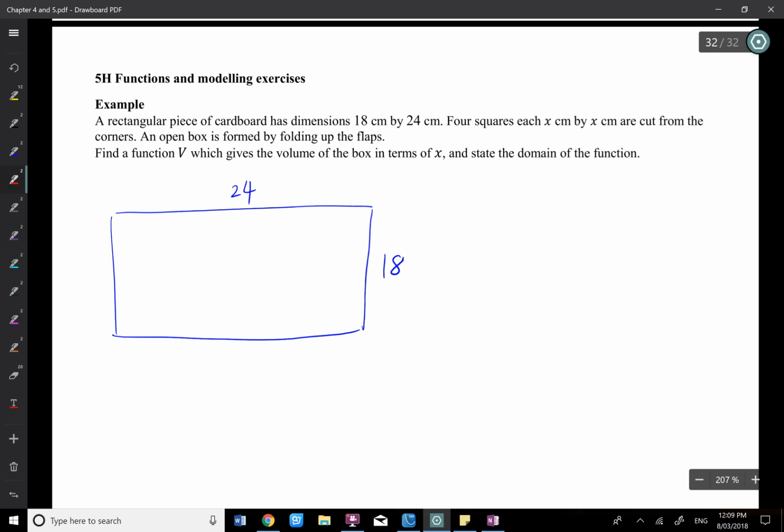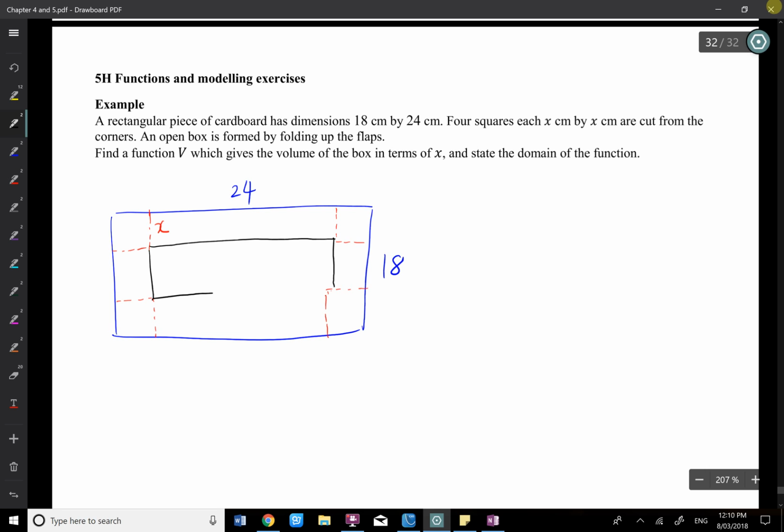Well, you know, like the question, you want to make a box. You cut that, which is x. And now you want to fold it in this way.